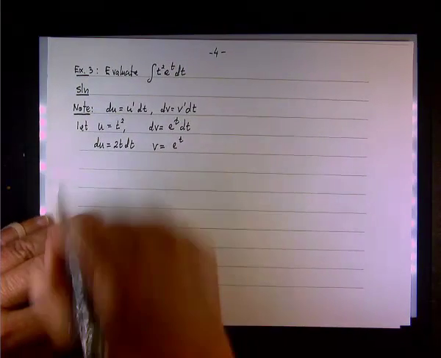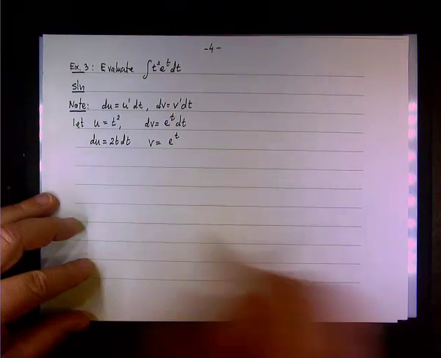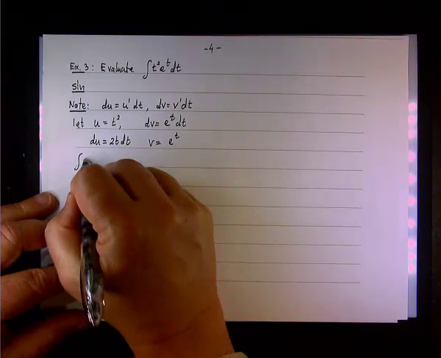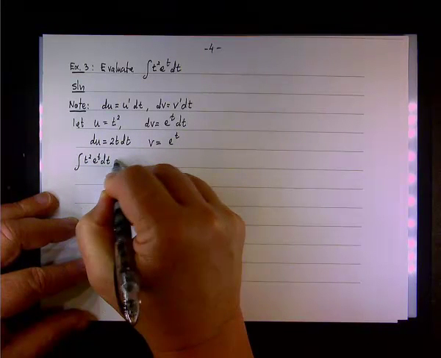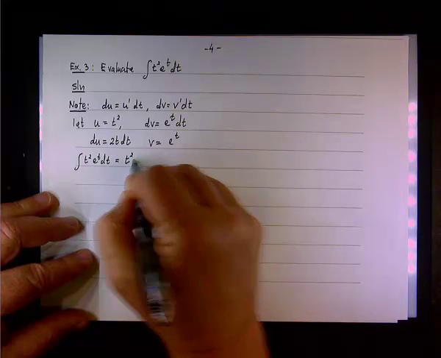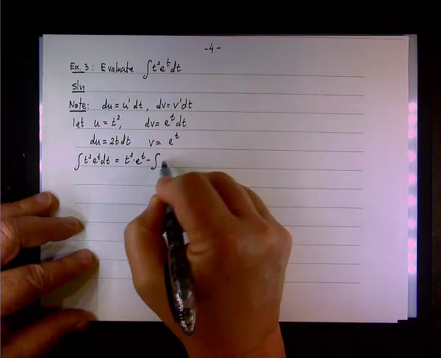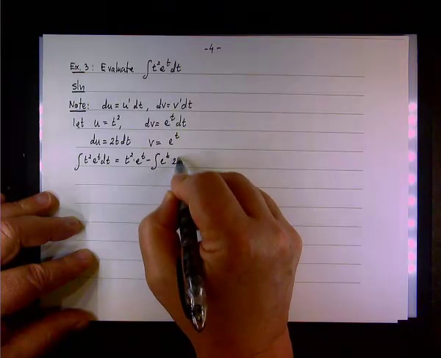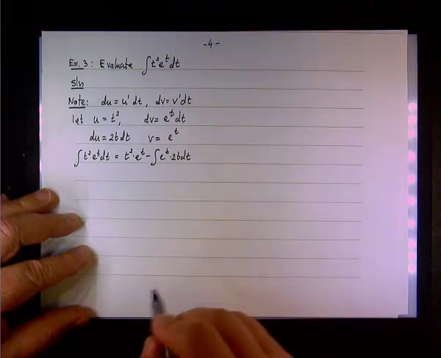So let's see what happened. We apply the rule. This time I'm not writing the rule. The integral of u dv, t squared e to the t dt, equals the product u times v, so it will be t squared times e to the t, minus the integral of v du, the integral of e to the t times 2t dt, right?